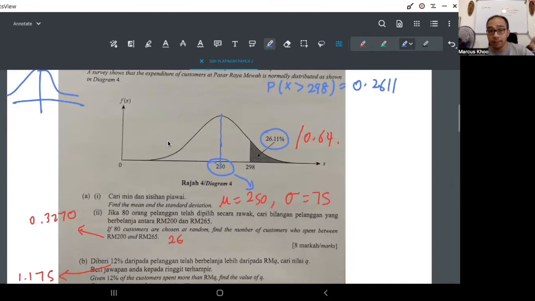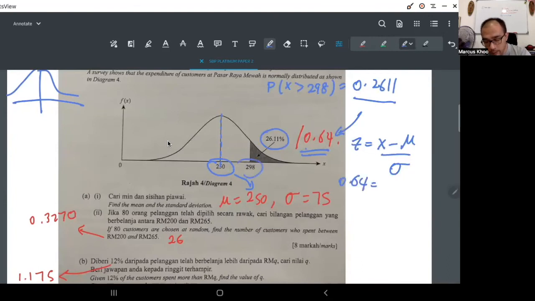So when you use the table, look for the probability 0.2611, and you will get the Z score of 0.64. Then you use the formula Z equals x minus mu over sigma. My Z is 0.64, x is 298, minus the mean 250, over sigma. So I should be able to get sigma, the standard deviation, equals 75.